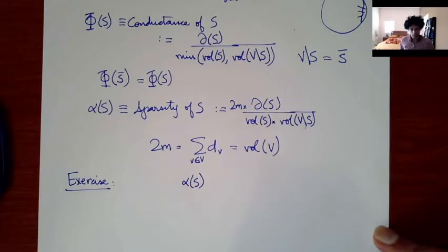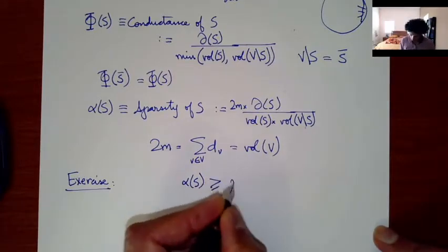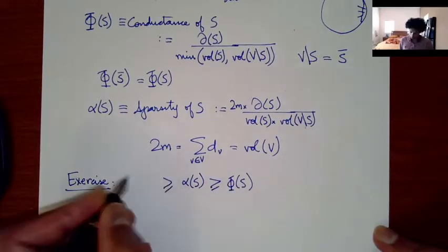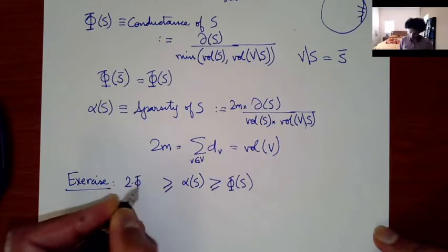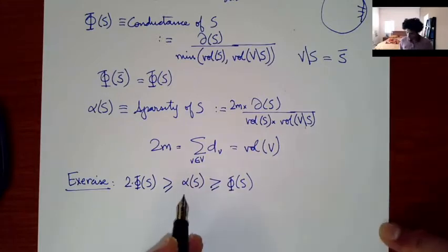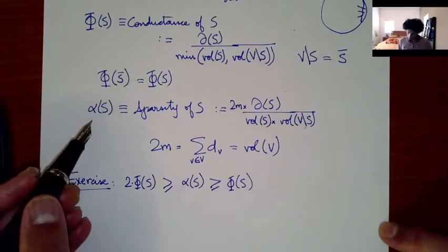As an exercise, you can see that alpha S is at least phi of S and at most 2 times phi of S. Actually, I hope I haven't flipped these. So maybe let's just verify that.